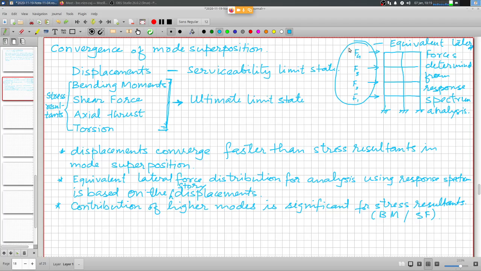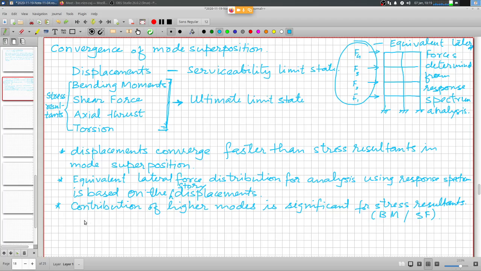So that leads to the problem of how to account for this higher mode contribution, how to protect against it.